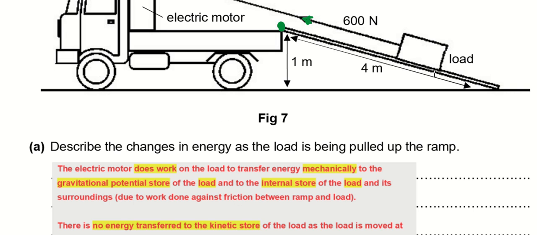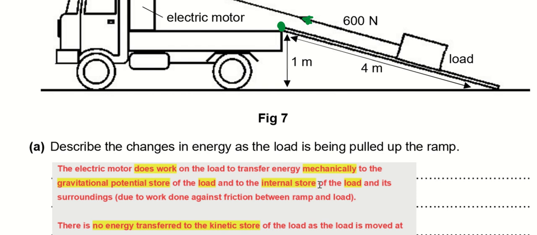Therefore, as the load brushes against the rough surface, right, there will be some energy needed to do work against friction, and therefore some of the energy from the electric motor will then be transferred to the internal store of the load. Internal store is basically heat or thermal energy.